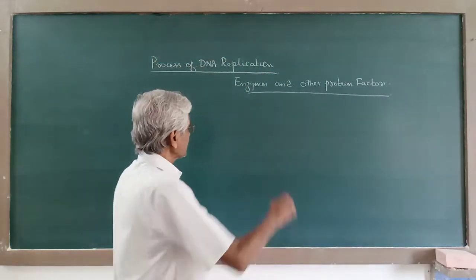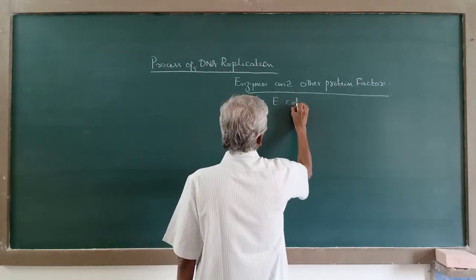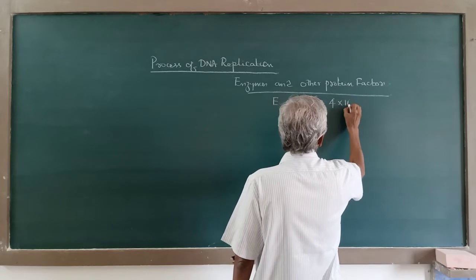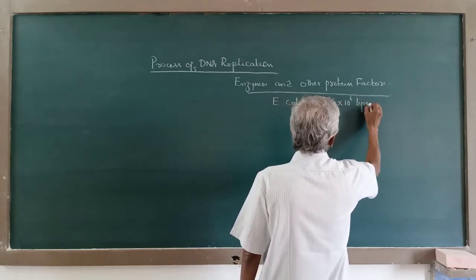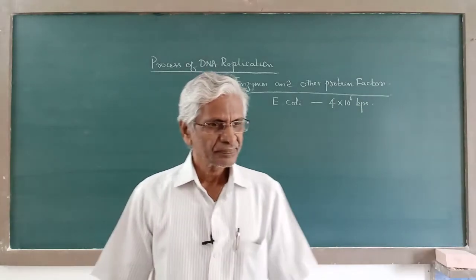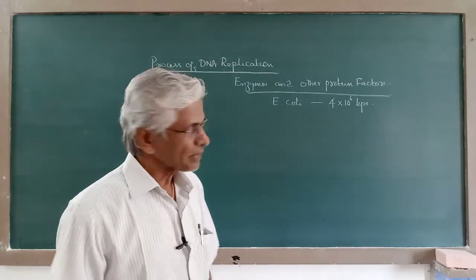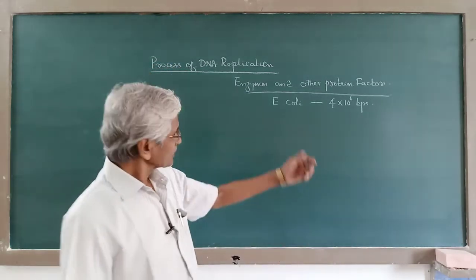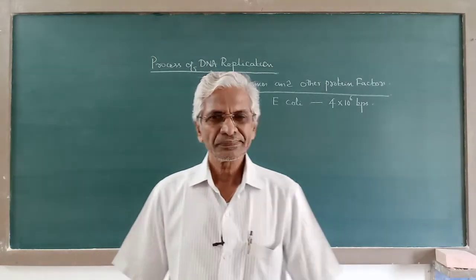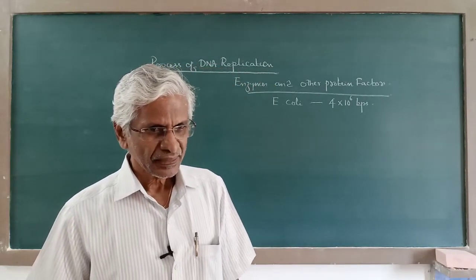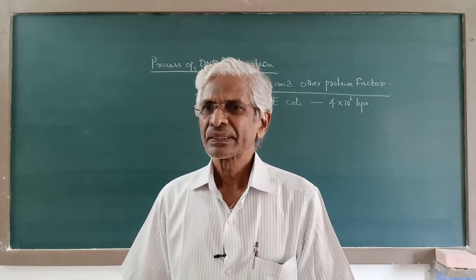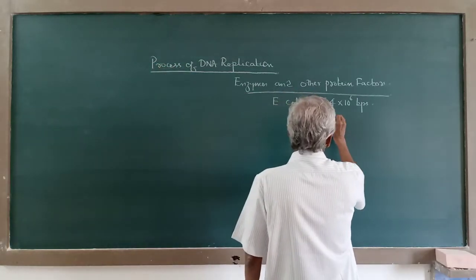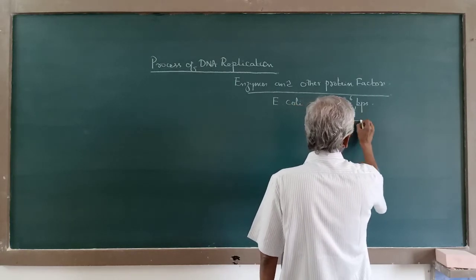For example, in E. coli bacterium, whose DNA has about 4 million base pairs, 4 into 10 to the power 6 base pairs, the polymerization during replication completes within 38 minutes.